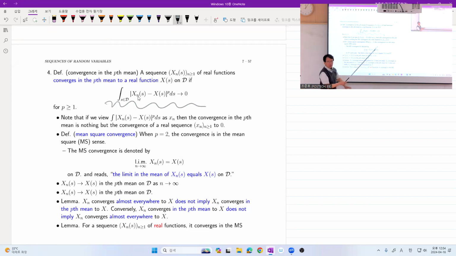So here goes the difference. We have what? The target or the limit function, x. And we have a sequence of functions. Let me not use x and y; let me use x sub n and x. Got it? Now, you take the difference and compute, for example, the squared error when p equals 2. And then you compute the energy on the common domain.